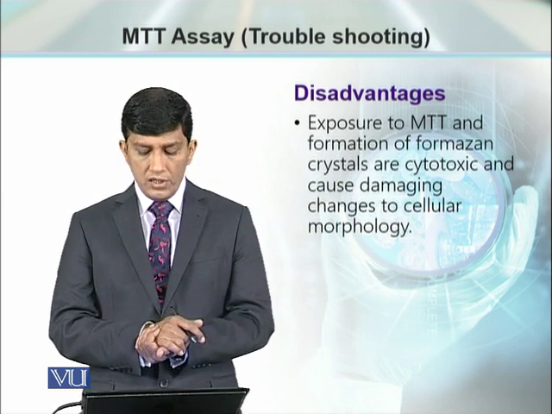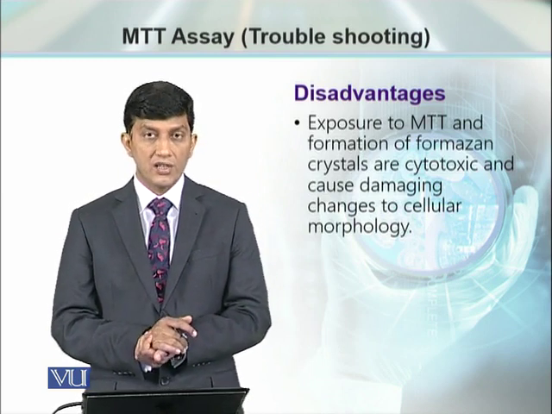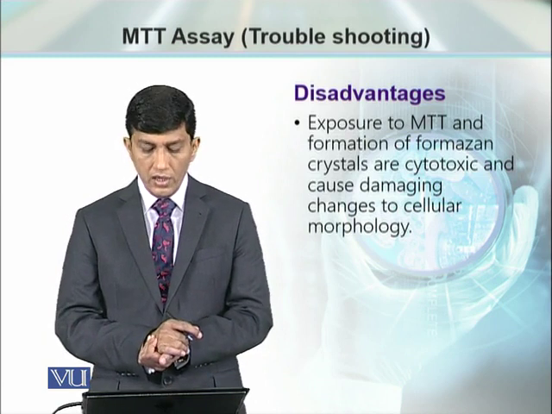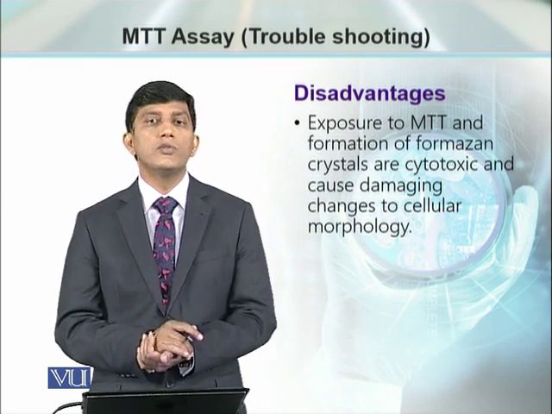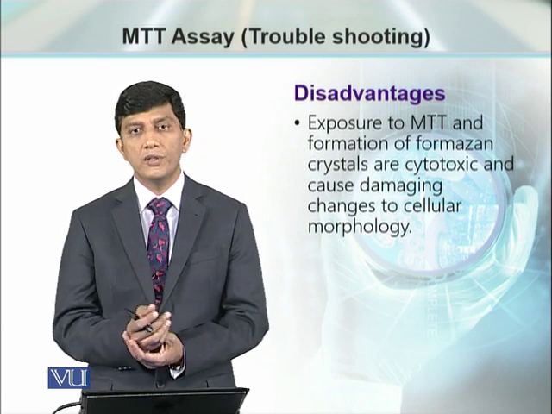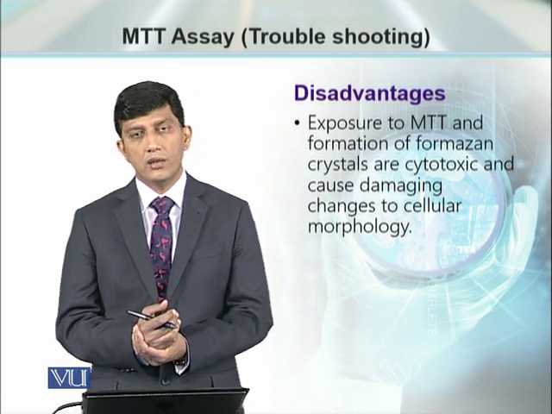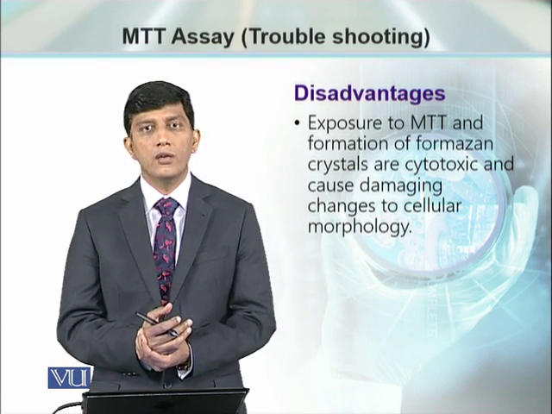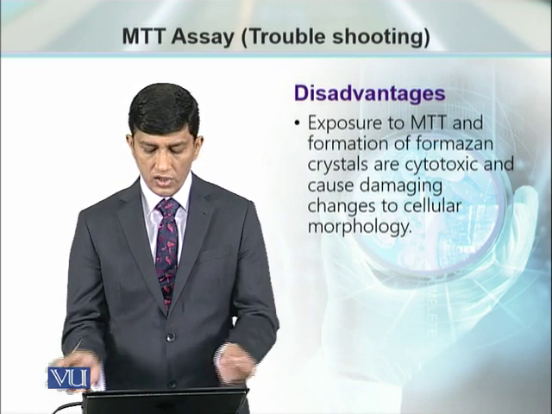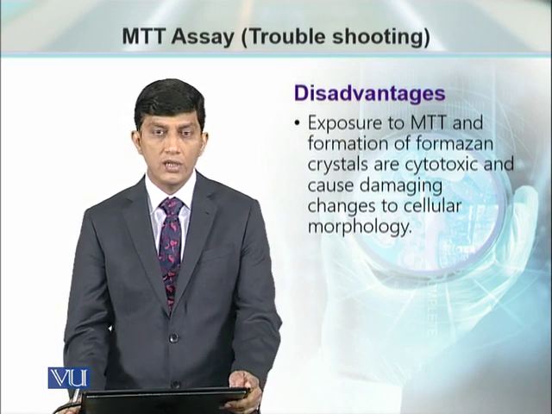Exposure to MTT and formation of formazan crystal itself is cytotoxic. So this cytotoxicity, although we are not going to use those cells which we have used for the MTT assay, but this formazan crystal may also have some cytotoxic effect, and may change the morphology of the cells.